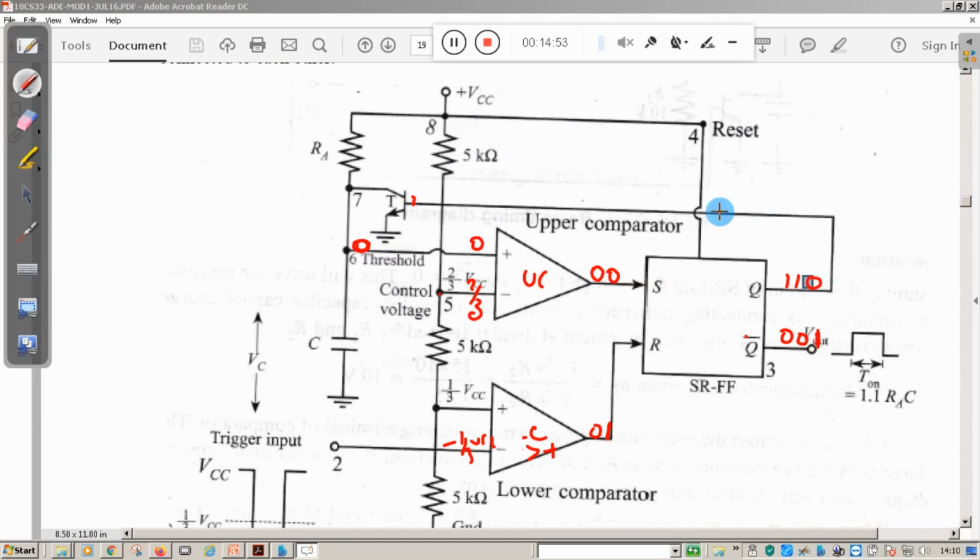When Q becomes 0, this will cut off this transistor. When this transistor is cut off, that means this transistor will not work, and this in turn recharges the capacitor through RA. Now our capacitor will go into recharge.